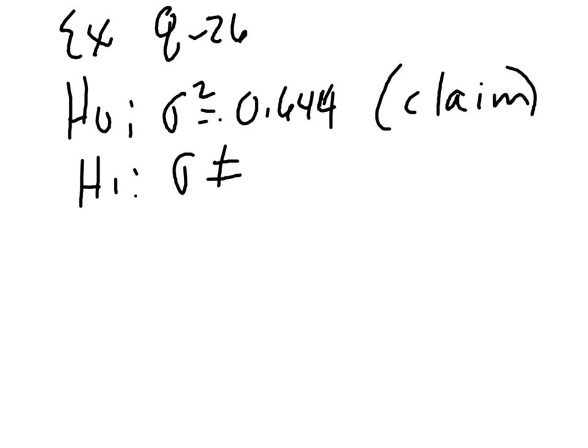Notice when we read the question, they're just testing the claim. The researcher is not saying that it's greater than 0.644 or less than 0.644. They're just testing the claim. In other words, the true variance could fall on either side of our chi-square distribution.